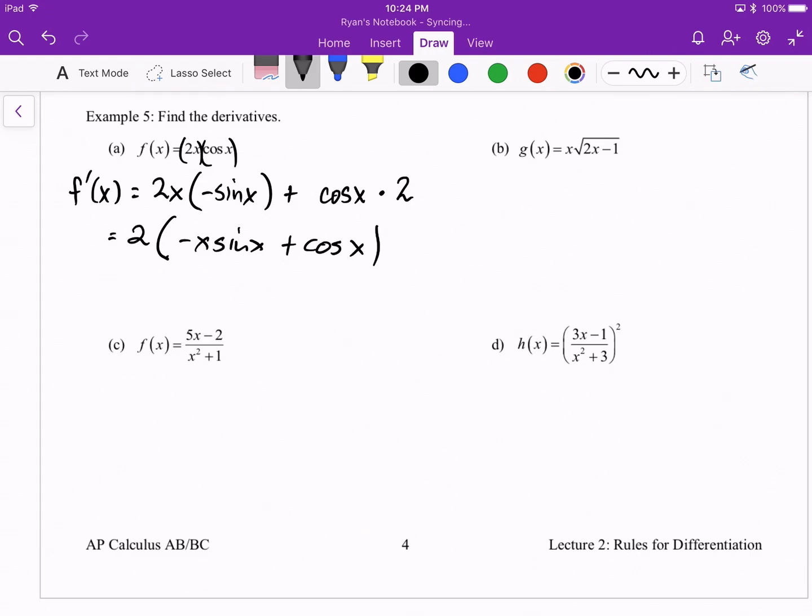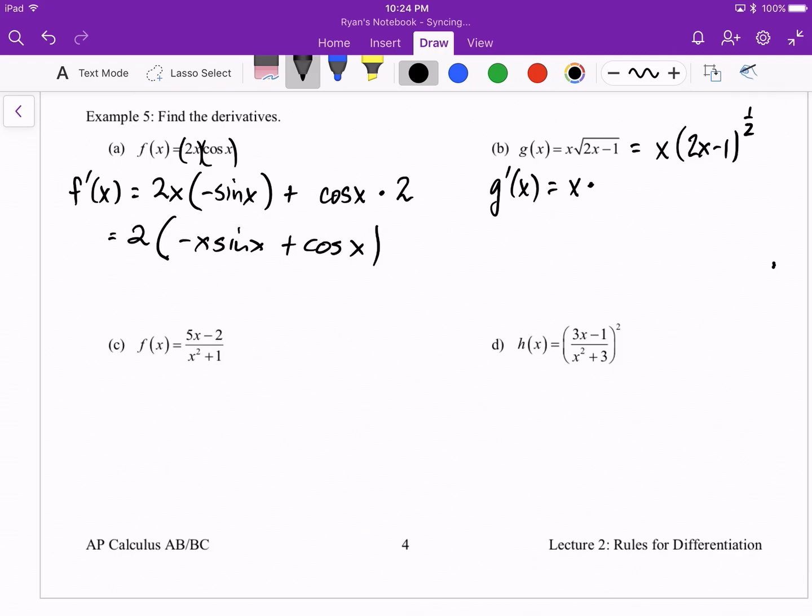Okay, let's go to example B. I have x multiplied by the square root of 2x minus 1. Again, I don't really like this square root notation, so I'm going to rewrite this as x times (2x minus 1) to the 1/2. Okay, so if I utilize the product rule here, since this is a product of two functions, I'm going to have the first multiplied by the derivative of the second.